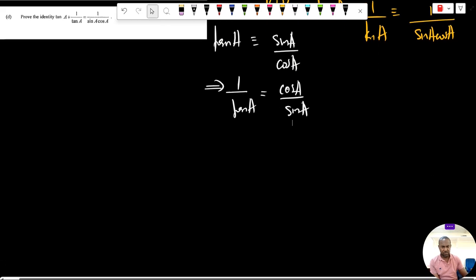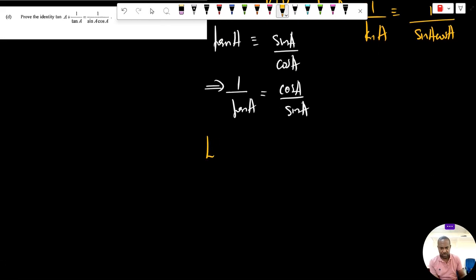So the left-hand side, the LHS, is equal to sine A over cos A plus cos A over sine A.